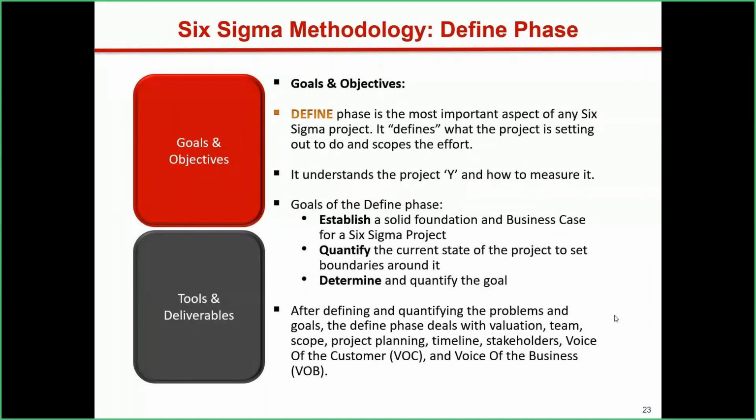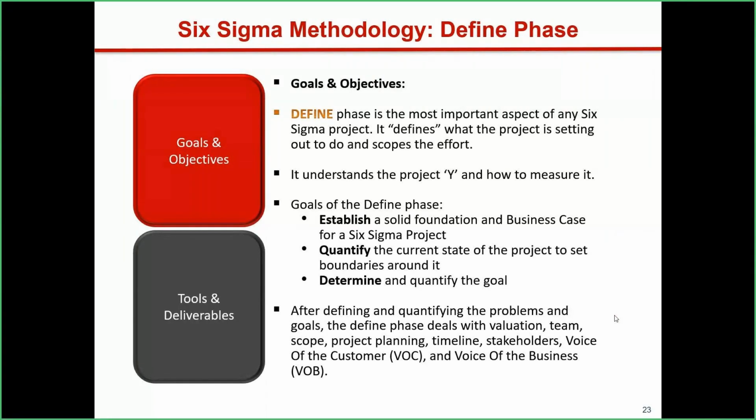Goals of the define phase. Establish a solid foundation and business case for a Six Sigma project. Quantify the current state of the project to set boundaries around it, that is technically scoping what is in scope and out of scope, and determine and quantify the goal. Why do we have to establish, quantify, and determine?